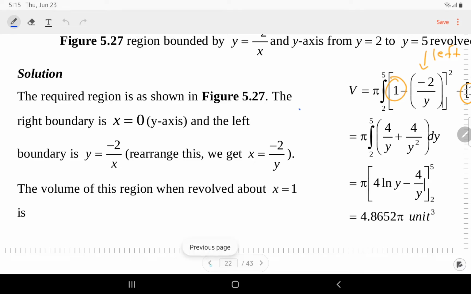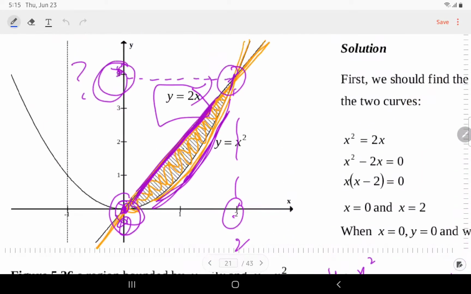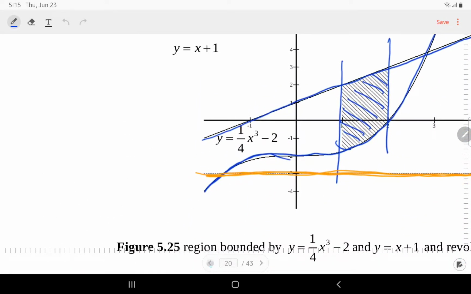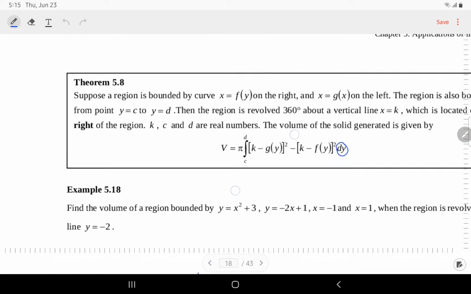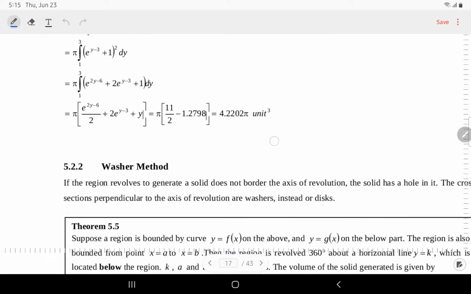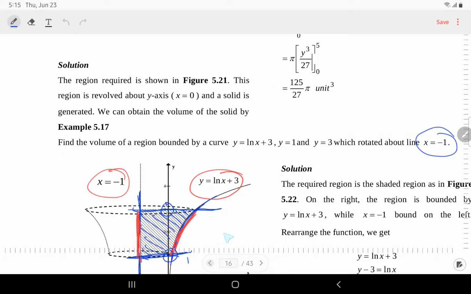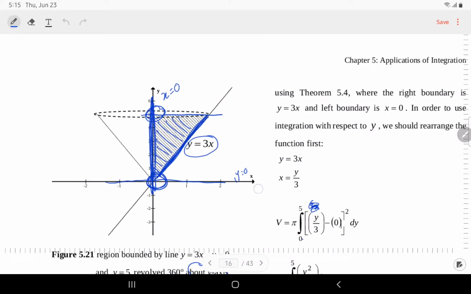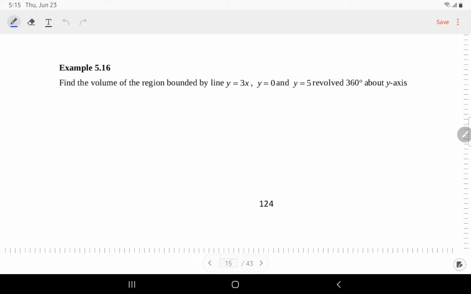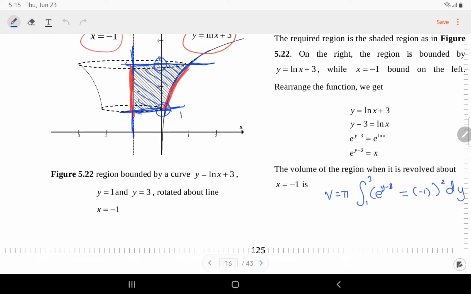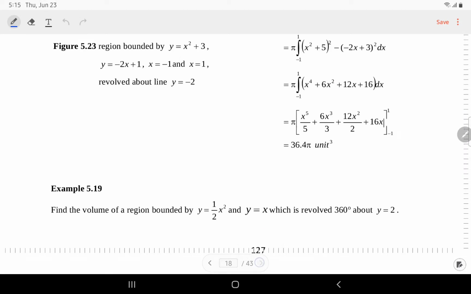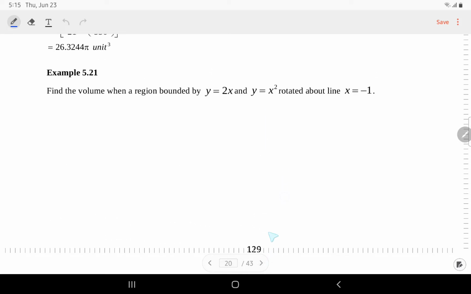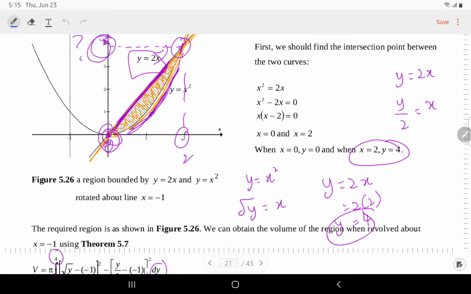Where is 5.21? Okay, this is example 5.21. Sorry, this is example 5.16. Example 5.21, okay, this one.